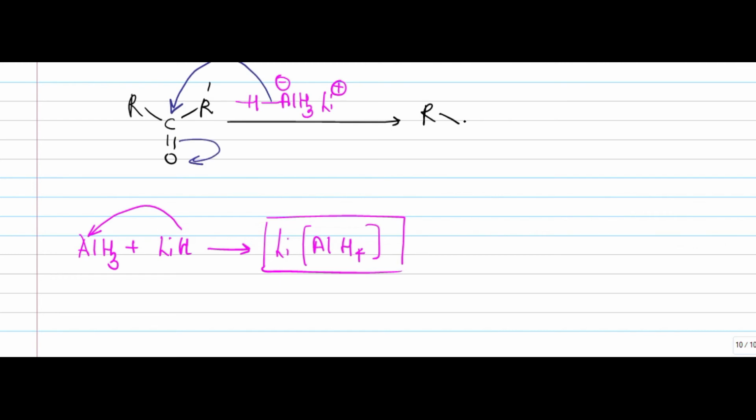So you have R, CH, R dash, O minus, right? And this O minus then connects with aluminium to neutralize and form AlH3 minus and Li plus.